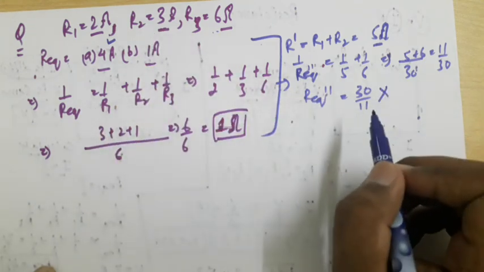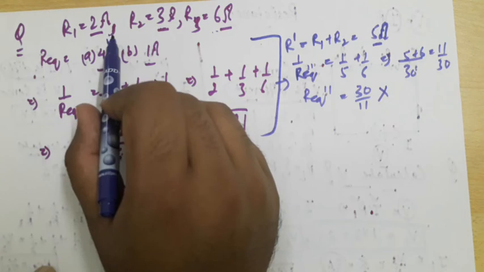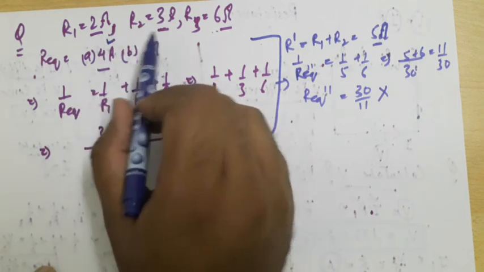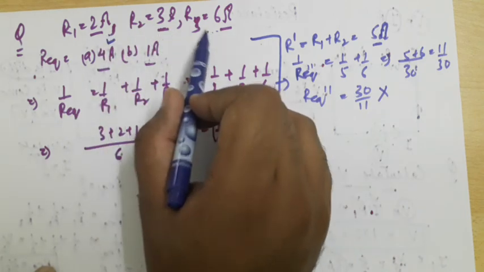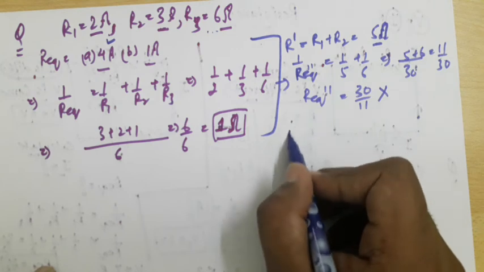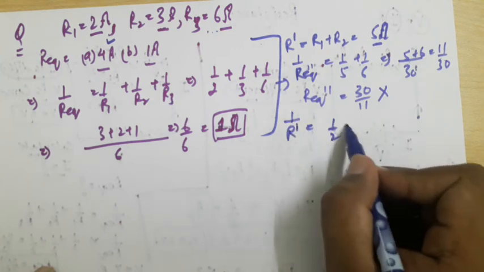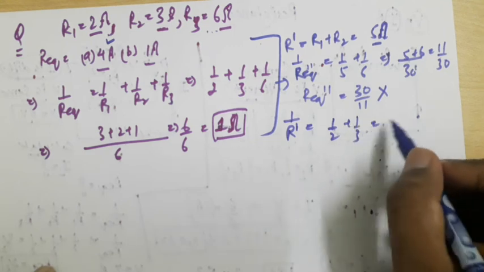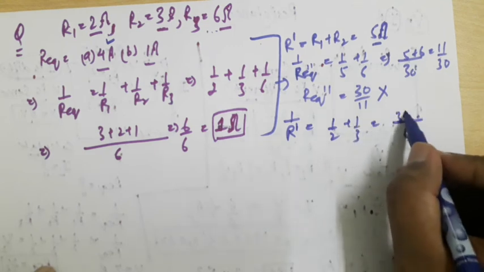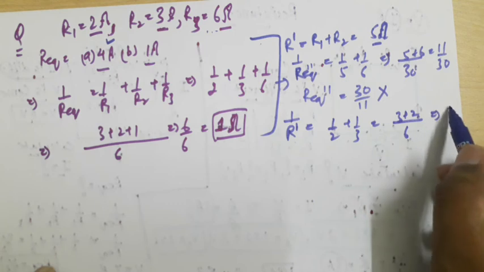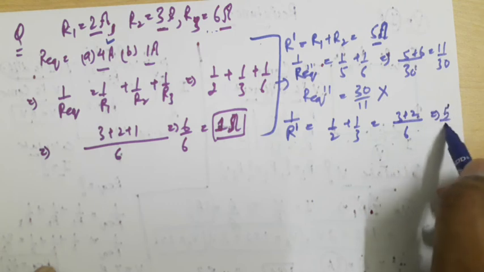So I can take another option. Earlier I combined them in series. Now I'll combine these 2 in parallel and the third in series. So 1 by R dash is equal to 1 by 2 plus 1 by 3, which is 3 plus 2 over 6, so it becomes 5 by 6.